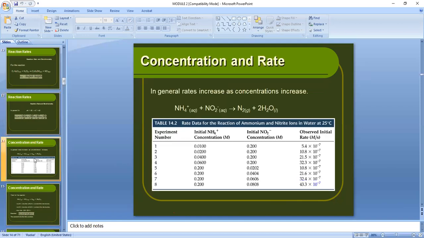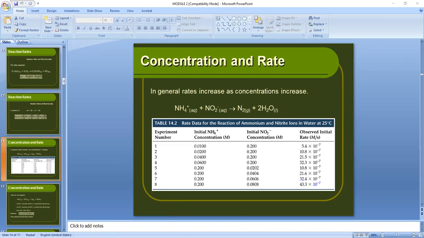Okay. Now, in general, rates increase as concentrations increase. So the rate of reaction increases as we increase the concentration. As you could see in here, I would like to have again a projection. I hope you can see. So in here, you could see that you have the initial concentration of ammonium.